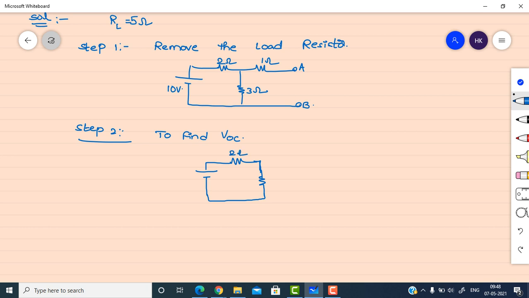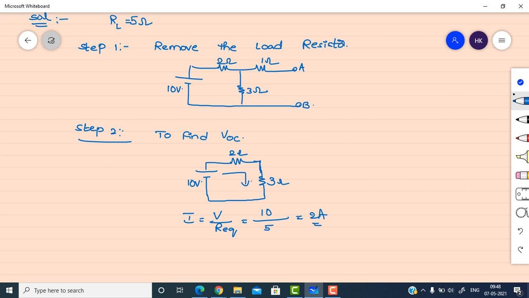This is 2 ohm and this is 3 ohm and this is 10 volts. So there is a simple circuit. You can find out the current. So the current in this circuit is V by R equivalent. Voltage is given, that is 10 volts, and these two resistors are in series, 5 ohms. So it is 2 amperes.